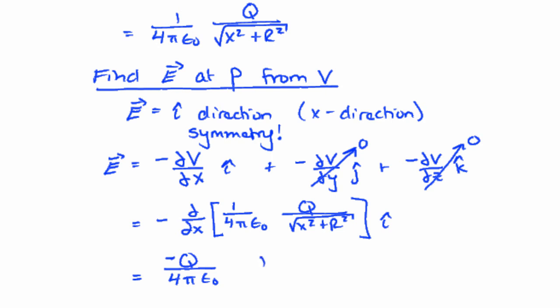It doesn't matter what the charge is. And I'm going to rewrite my denominator in terms of an exponent. The negative means it's in the denominator, and the 1/2 means it's a square root.